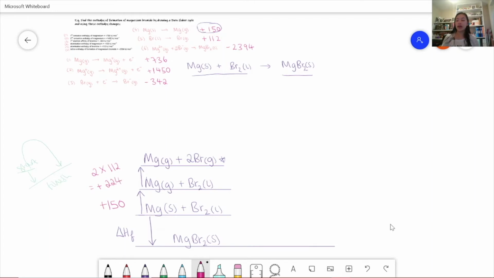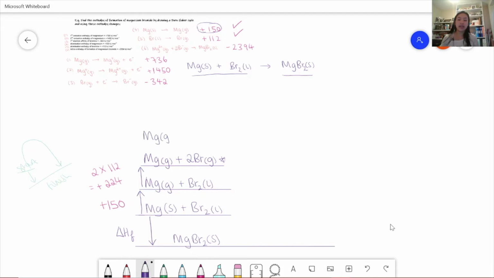And then what I'll do is, well, first of all, I'll tick off the ones that we've already done. So we've done number 4 and we've done number 5. So the next thing I can do is use the ionization energies of magnesium, so the first one and the second one. And so I can write in the first ionization energy of magnesium.